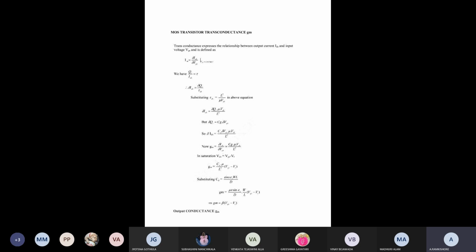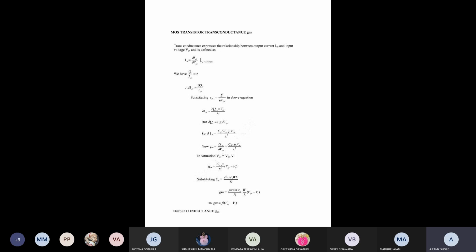When we consider the electron mobility with the concentrations as a constant term beta, then finally the transconductance becomes GM is equal to beta into VGS minus VT.